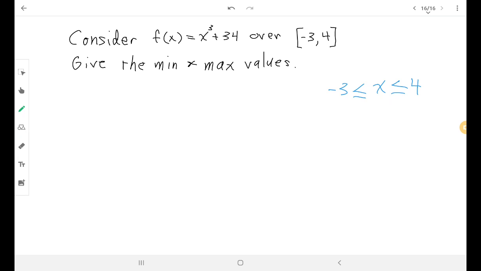I might type in f of x equals x raised to the 3rd power plus 34. And you might just zoom in so that you're looking from -3 to 4 on your graphing tool.